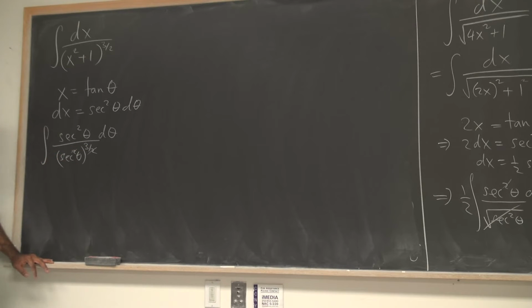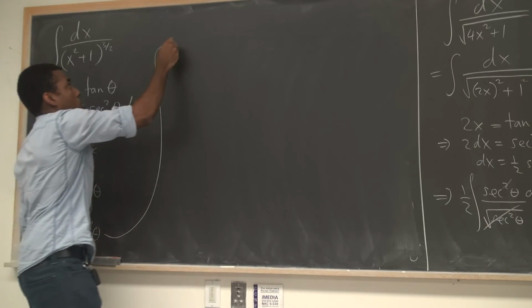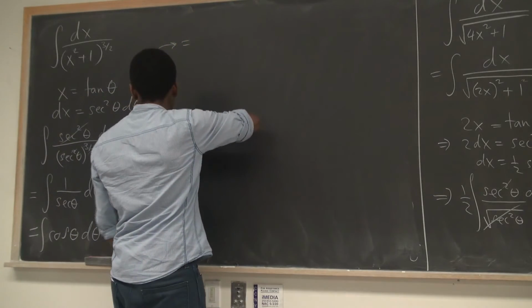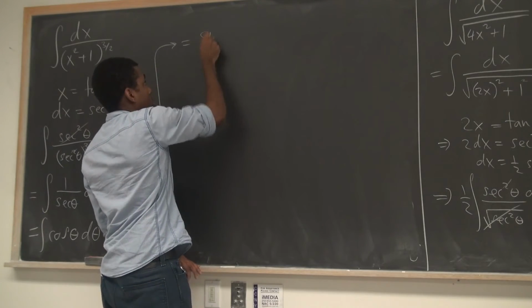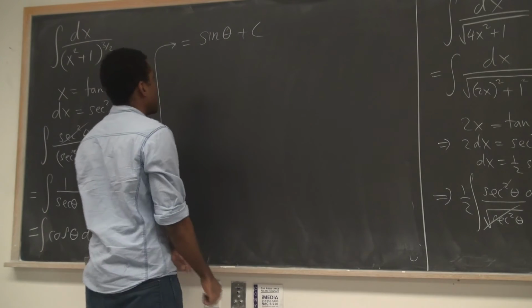I'm going to end up with secant cubed in the bottom. So there's a secant squared that is going to die, and then we're going to have 1 over secant, which is cosine, which is the integral of cosine, sine theta plus c. How do we find that?